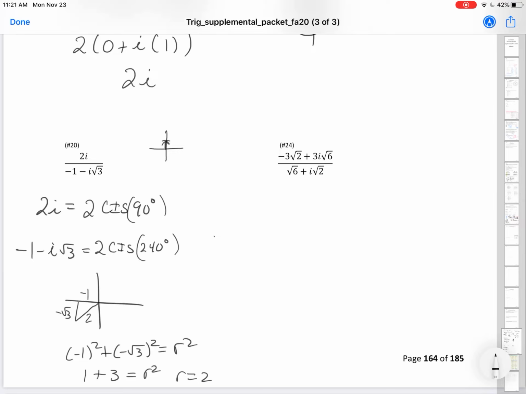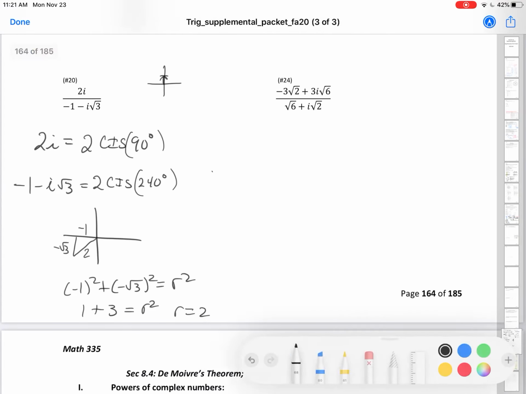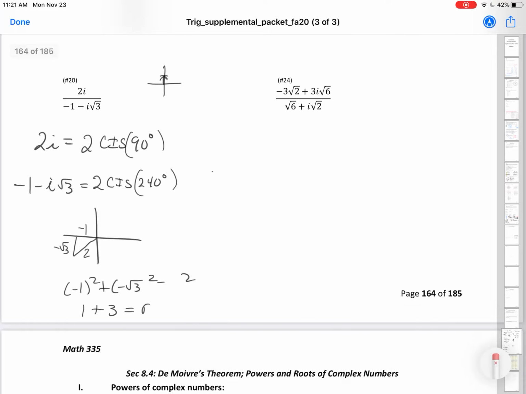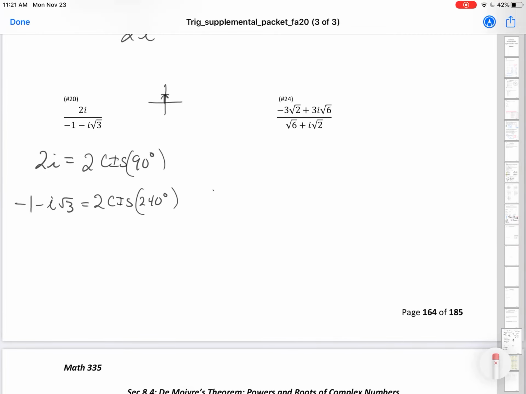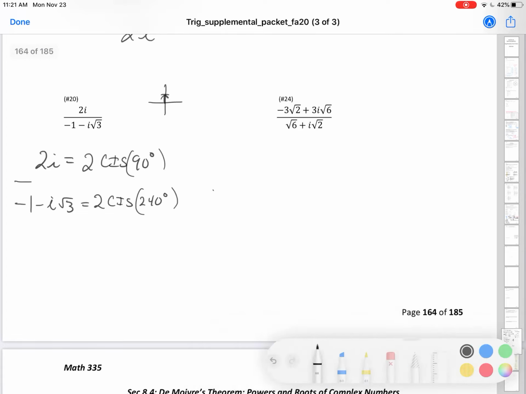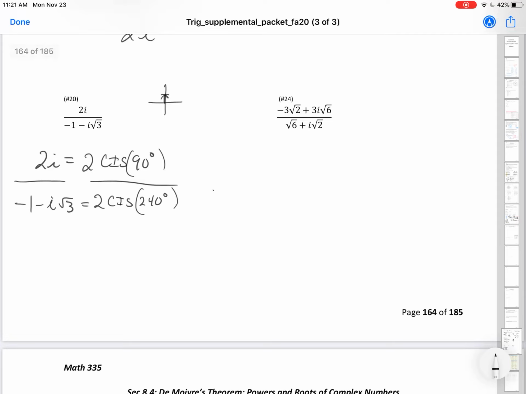Awesome. So where are we? We're right back to where we were with the other problem. So this whole section is all about practice converting again, and then practice doing work. So remember, these two things are stacked. So maybe I can just come in here and draw my lines here. So there's a translation of them. 2 divided by 2 is 1. And so we have 1 CIS. 90 minus 240 is negative 150 degrees.